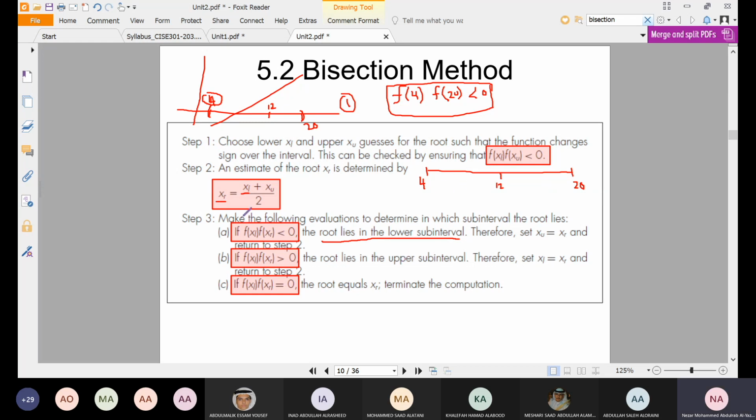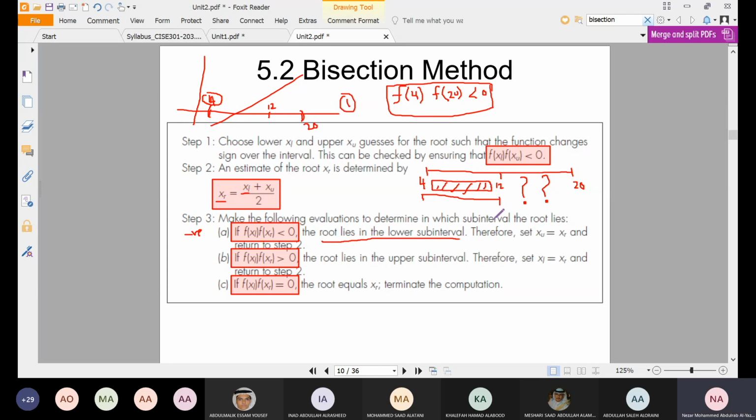If f of xl multiplied by f of xr is negative, the root is located here, and there is no need for the other interval. So now I will reduce the interval to this one.